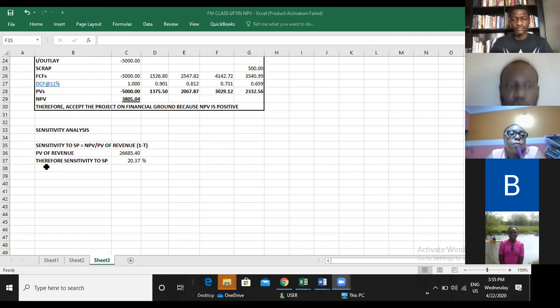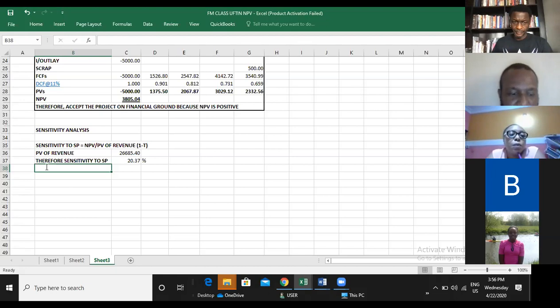Okay, so the interpretation is basically this. It means that our sensitivity is 20.37%.